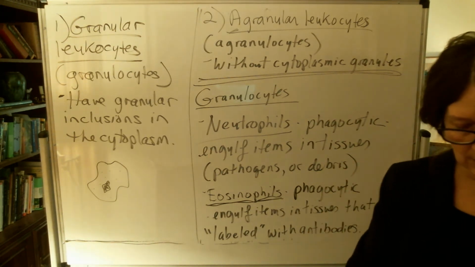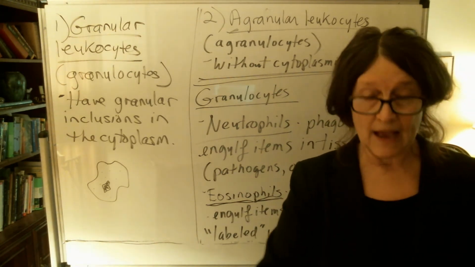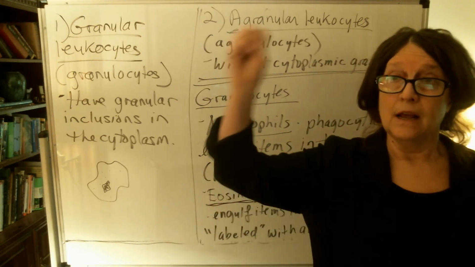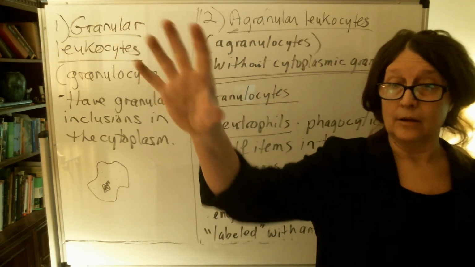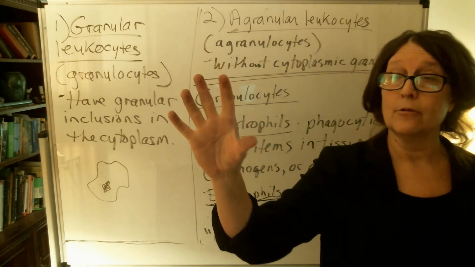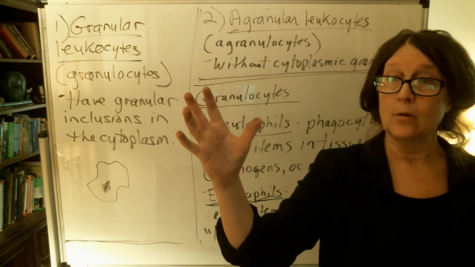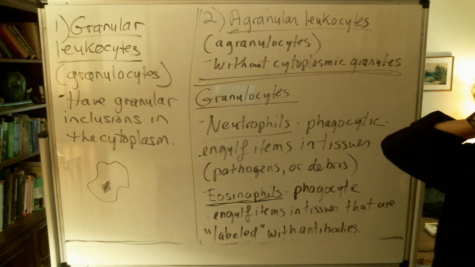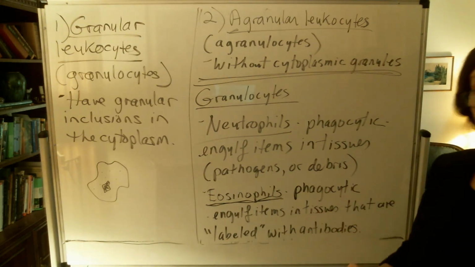So this is the other part of that antibody reaction, is the antibodies are released. They go out and they tag, basically, these invading microorganisms that they now understand. And then that, in turn, tells the eosinophils to go and eat those things.